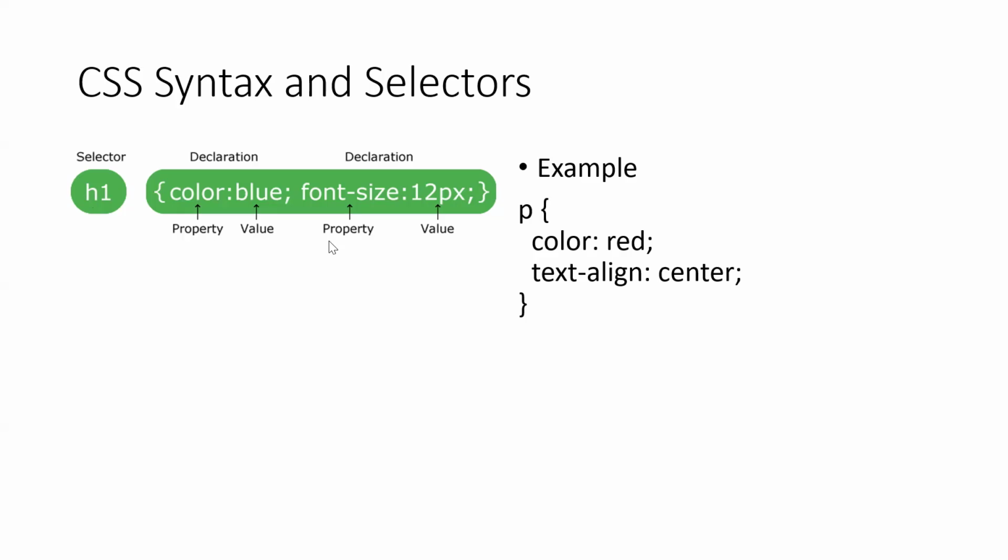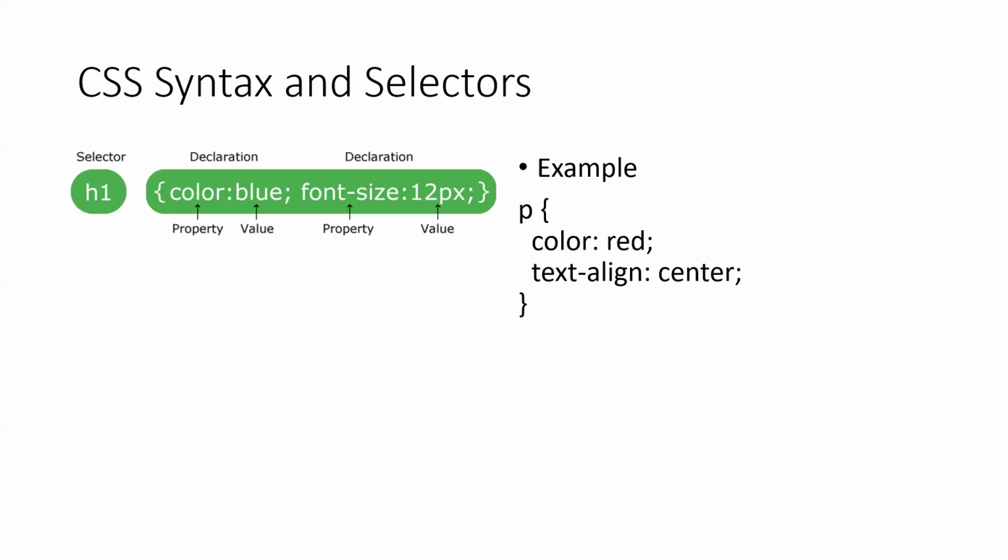In this particular graphic, you will notice we select H1. We are going to change how the H1 appears. So we are changing the property color to blue, which means whatever text appears will be in a blue color with a font size of 12 pixels. PX stands for pixels, right?